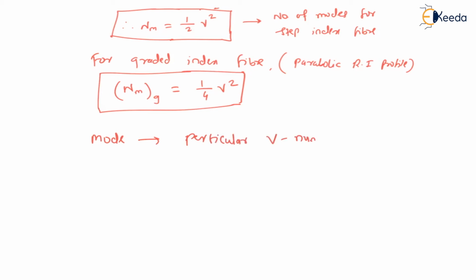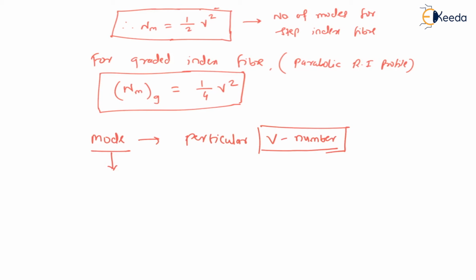If the V number is less than that value, that mode will not propagate through the given optical fiber, or we can say that mode will be cut off. That's why the number of modes carried by an optical fiber is decided by the V number or V parameter.